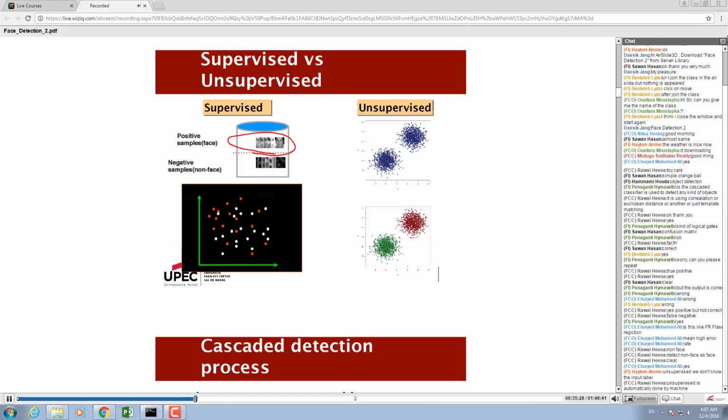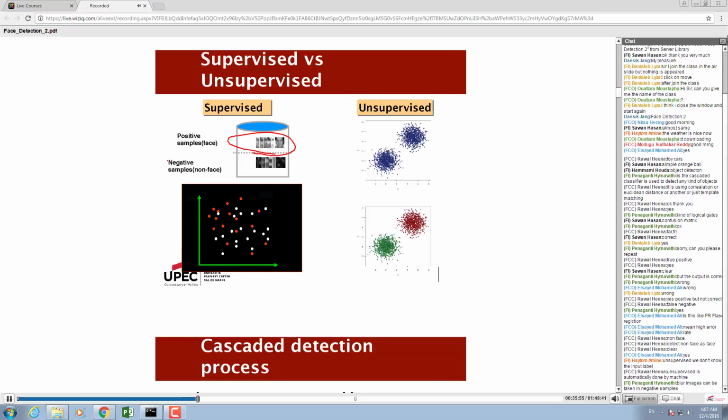Okay, and negative samples means just non-face, from the images that are not face. It doesn't need to be any specific object. It can be tree, it can be chair, it can be desk, it can be book, whatever object other than face. Okay, so these are non-face objects, non-face samples, non-face images. So formally, it is called negative samples.